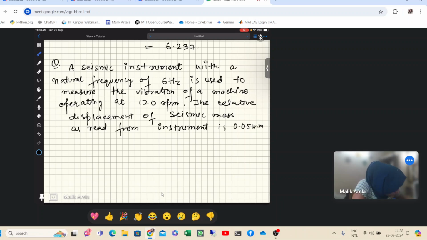Similar to the previous question. Determine the amplitude of vibration of the machine and neglect damping.